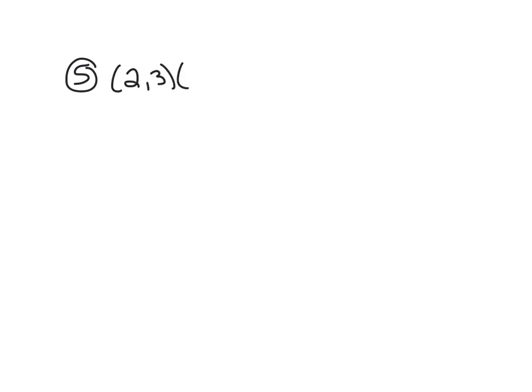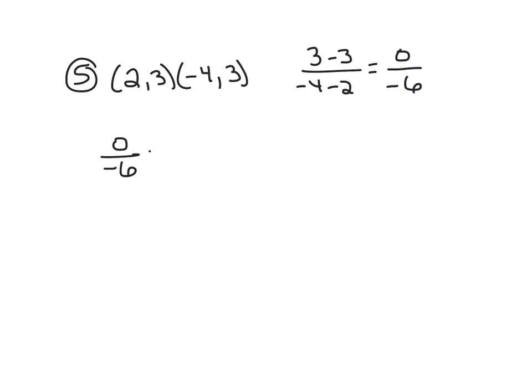(2, 3) and (negative 4, 3). So for this, when you do the slope, you end up doing 3 minus 3 over negative 4 minus 2. So you end up having 0 over negative 6. You can just do the slope 0 over negative 6, that's fine, equals, I'm going to do the first ordered pair, y minus 3 over x minus 2.